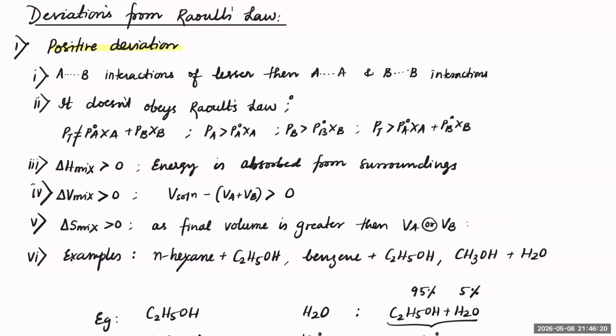Because AB interactions are weaker, it makes both A and B evaporate more easily. That's why the partial pressure of A and partial pressure of B, both you will find to be greater than their normal P naught A XA and P naught B XB.